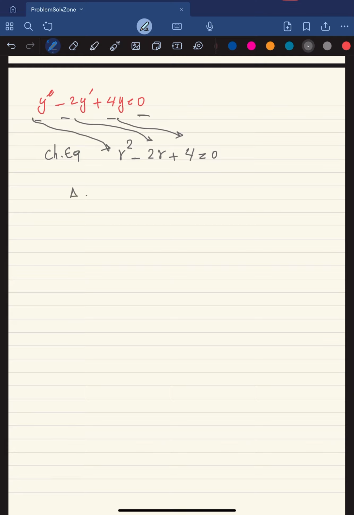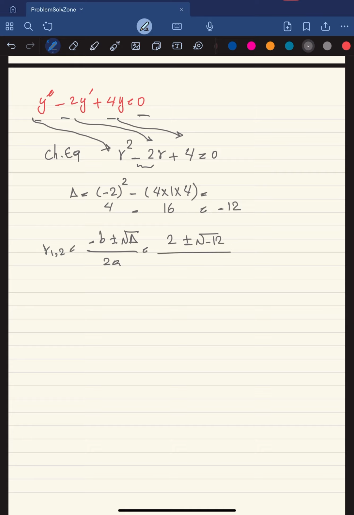If we write delta, it would be minus 2 squared minus 4 times 2 times 4, so we have 4 here minus 32. Then if we try to find r1 and r2, it will be minus b over 2a, so 2 over 4 here, plus or minus the radical of delta over 2a.